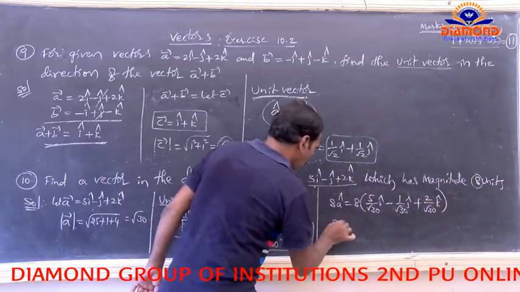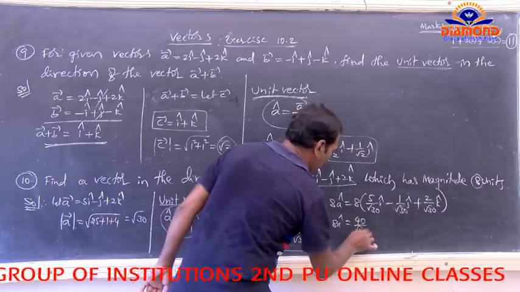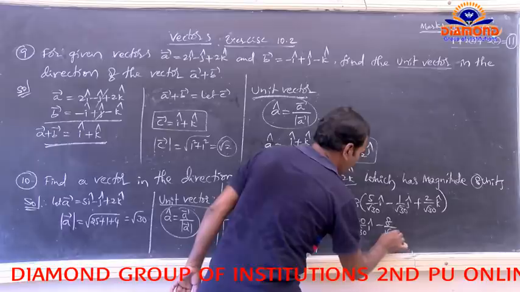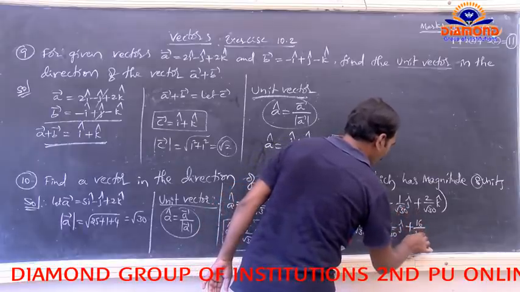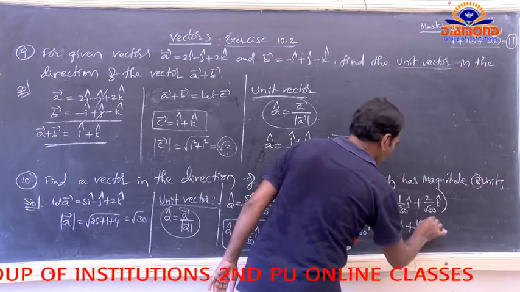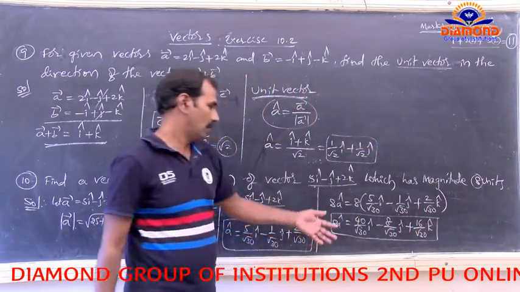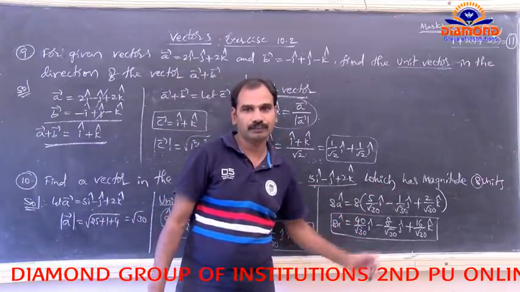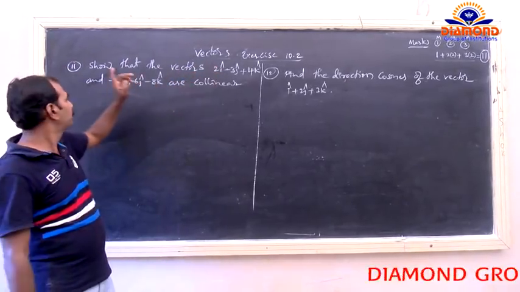So 8 a cap equal to 40 by root 30 i cap minus 8 by root 30 j cap plus 16 by root 30 k cap. So this is the vector of magnitude 8 units.